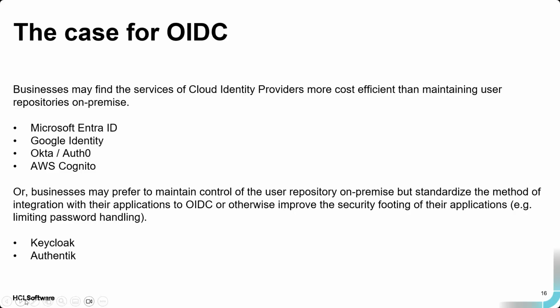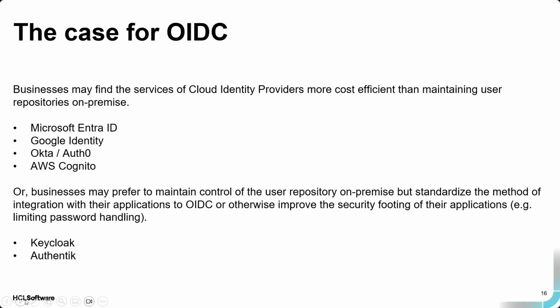Now, that is not the only reason that businesses might choose to go toward an identity provider. They may not want to externalize their user population, especially if it's something very sensitive like a government application, right? But they may want to reap the benefits of OIDC that pertain to security.